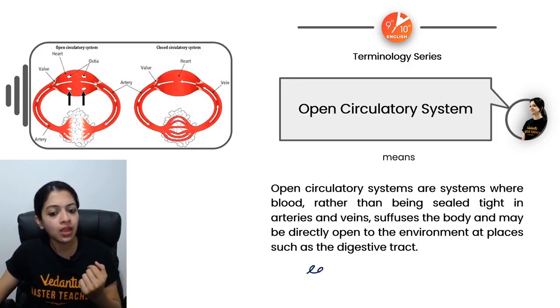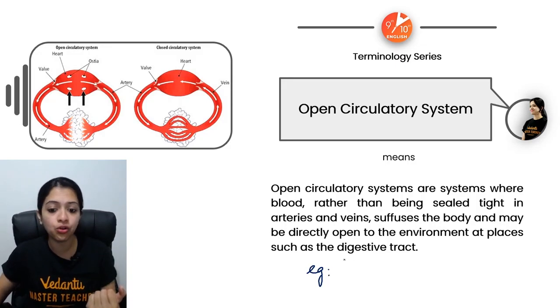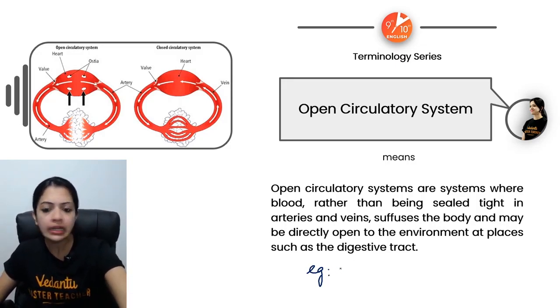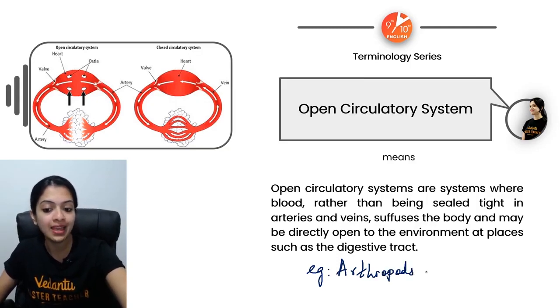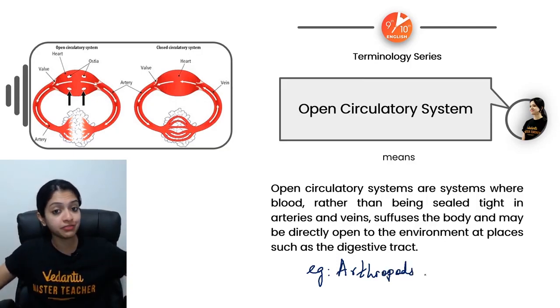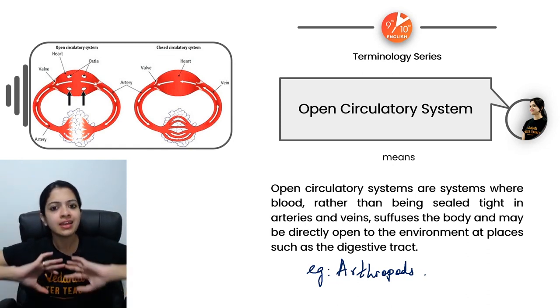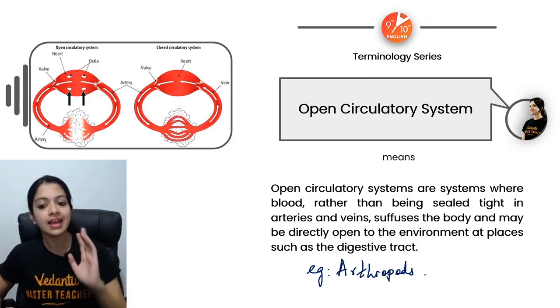So which organisms would you find this in? Not any of the higher organisms. Most commonly you would find these in lower organisms like invertebrates, many invertebrates, like for example arthropods. What are arthropods? Arthropods are the group, the phylum under the animal kingdom, which includes insects and various other diverse organisms, even many others that you can think of, right?